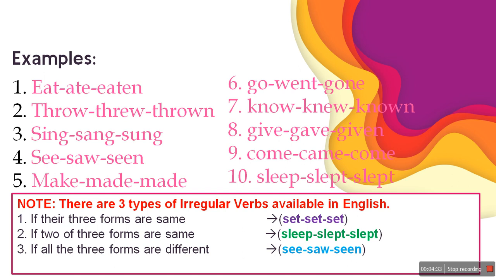Third one, if all the forms, V1, V2, V3, V4, are different, they are also called irregular verbs. Like see, saw, seen, seeing. They have different forms. So these 3 types or categories are called irregular verbs. Is it clear? That's good.